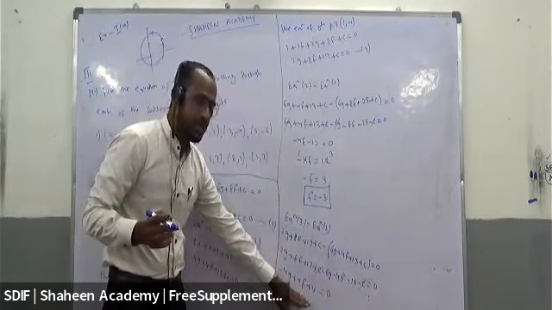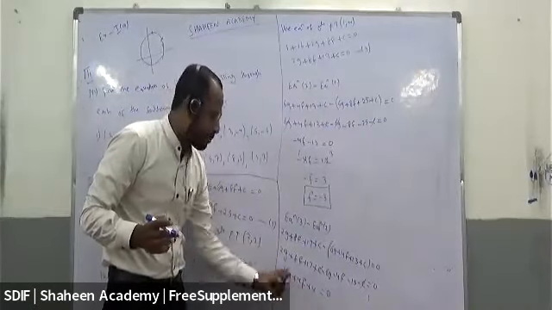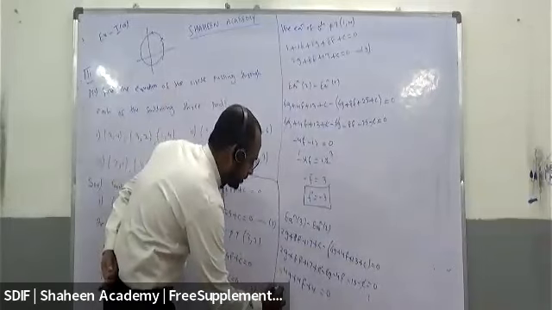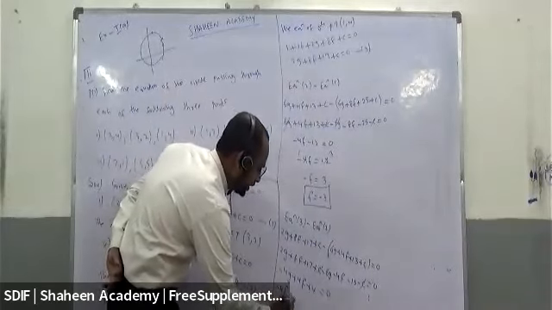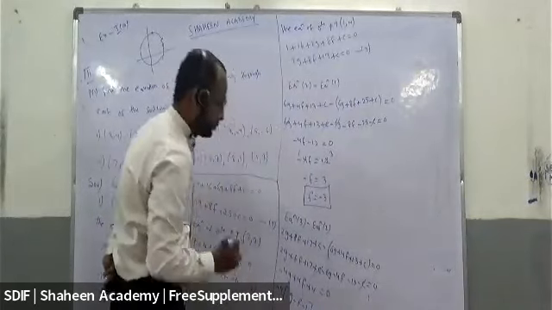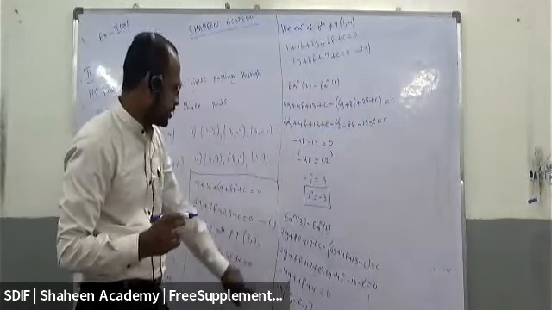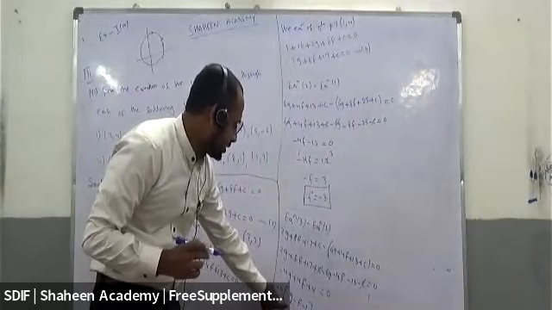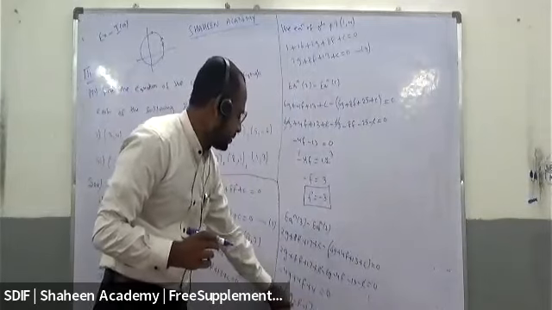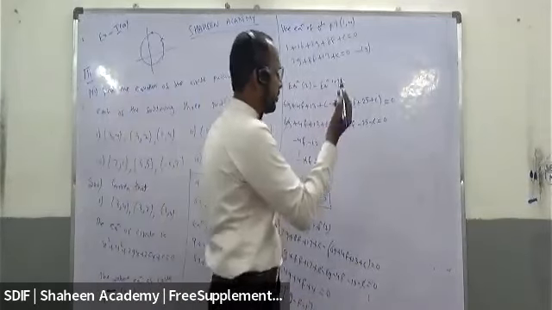From this equation, I am taking minus 4 as common. If I take minus 4 as common, we get g minus f minus 1 is equal to 0. So what is left here? Minus 4 on the other side becomes 0 again. So g minus f minus 1 is equal to 0, I am getting.